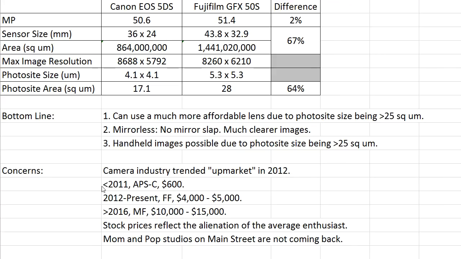And for the last 4 or 5 years, the stock prices have been tanking. Again, other than Sony, Canon and Nikon stock is in the tank, because they were selling cameras when cameras were $600.